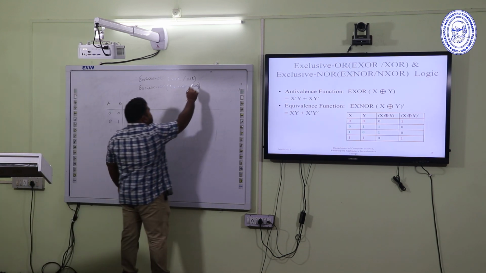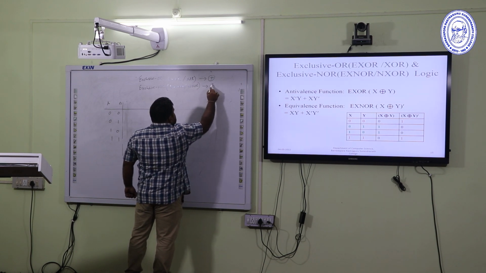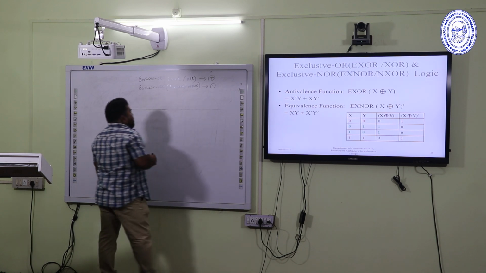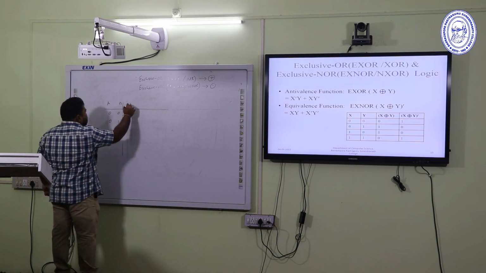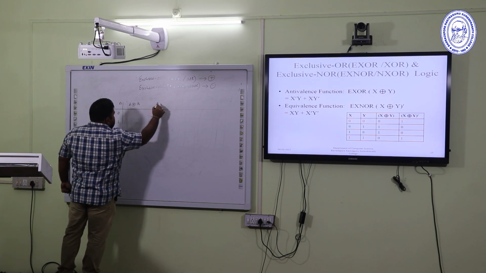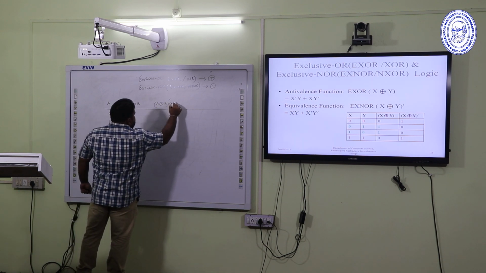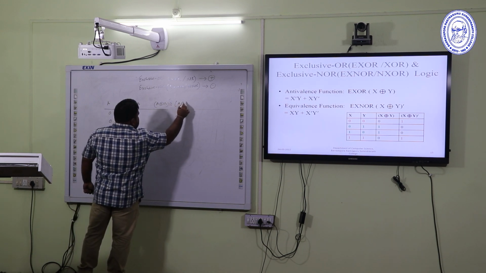The operators are like that: XOR means this symbol and XNOR means this symbol. So (A XOR B) complement is equivalent to A XNOR B.